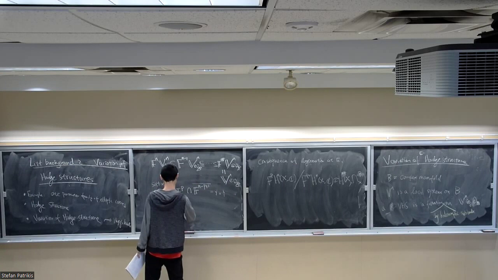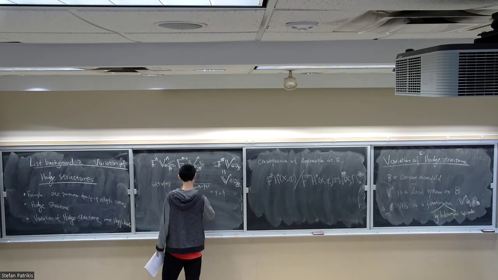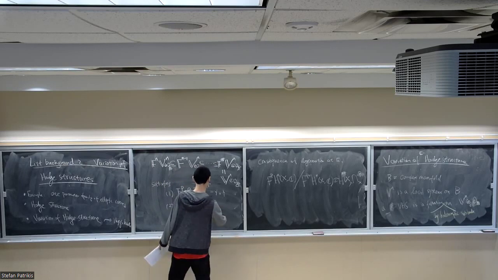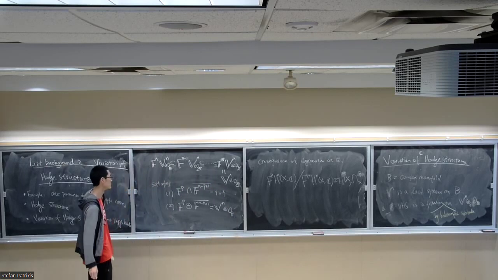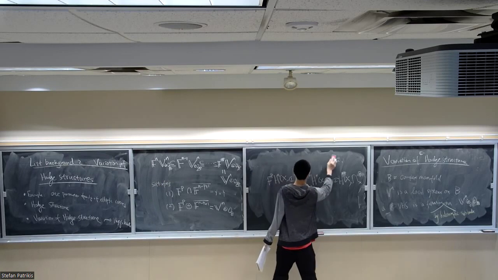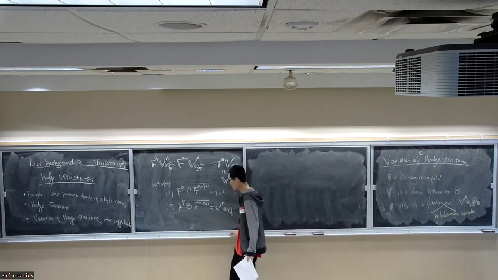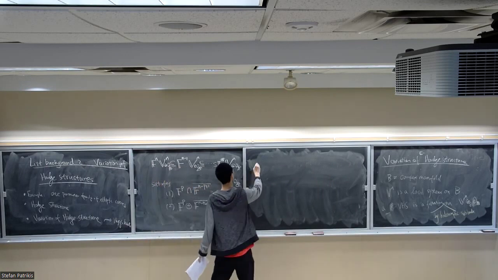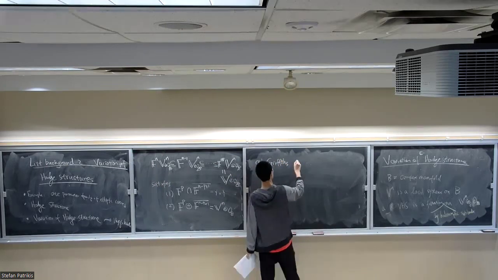Secondly, this F^P direct sum is the whole V, a structure sheaf of O_B. And the last condition is rather more important, which is called the Griffiths transversality.